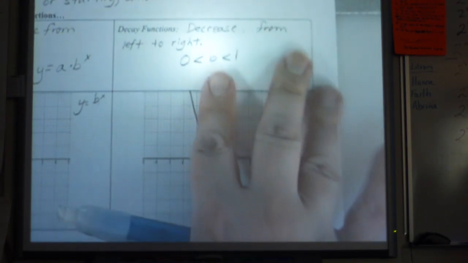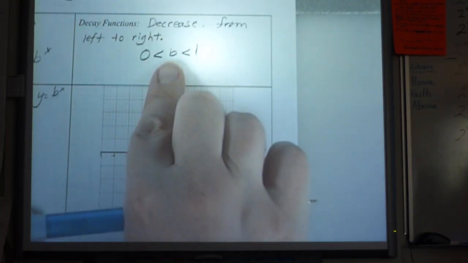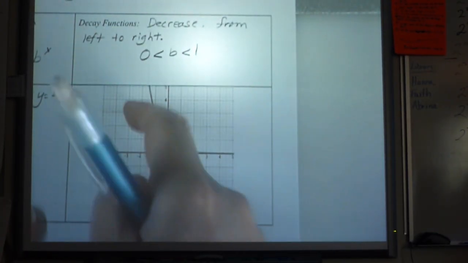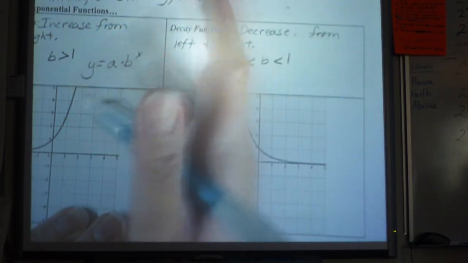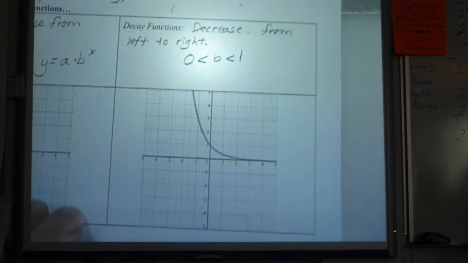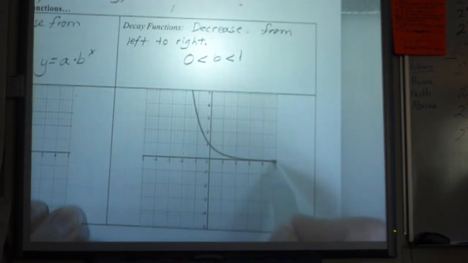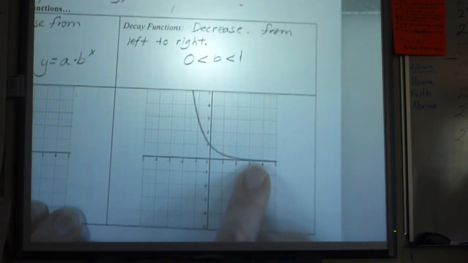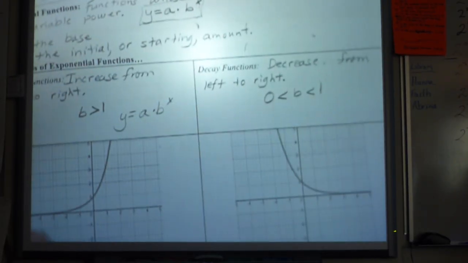Okay, and then decay functions, you can see our base is going to be between 0 and 1. So in our exponential decay functions, you can see that exponential decay curve, and here you can see it approaches 0, but it never will reach 0 or cross over into the negative area. Okay. So this is exponential growth, exponential decay curves.